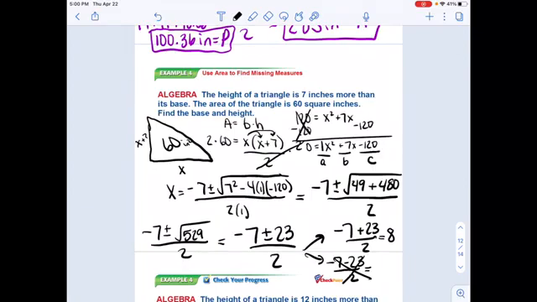So we are going to go ahead and plug that back in and get that our base is equal to 8 inches, our height is equal to 15 inches, and we have our solution.